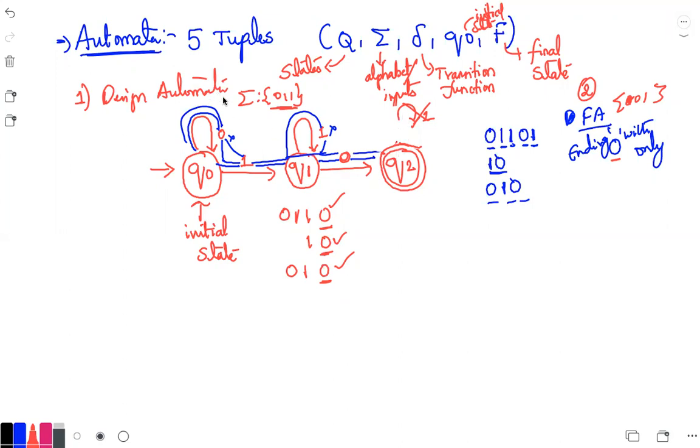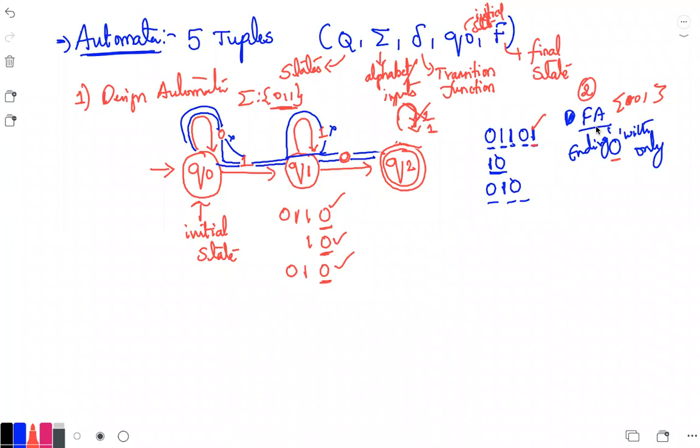Previously, there is no restriction. I want an automata that accepts strings 0 and 1. So that's why for every state, I have taken intermittent inputs. So even for the final state also, there used to be a 1. So if this is the case, there is a possibility that the final place of the strings will get 1, right? But now I want an automata that ends with 0 only.